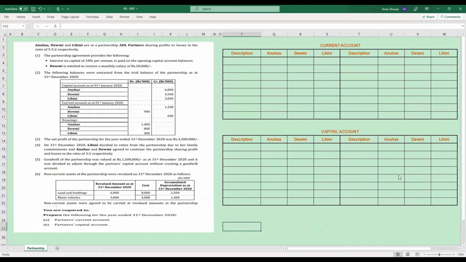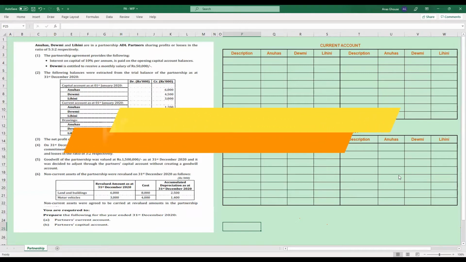This part is known as the appropriation account. We need to prepare it to identify the net profit to be shared among the partners. These are the basic steps that you need to follow to prepare the partnership accounts.